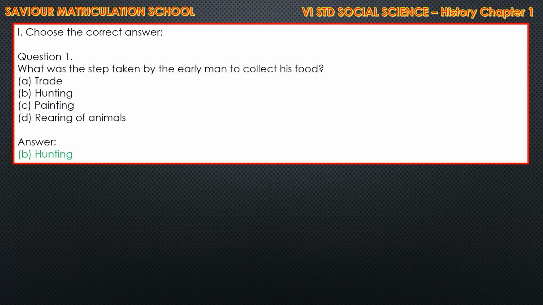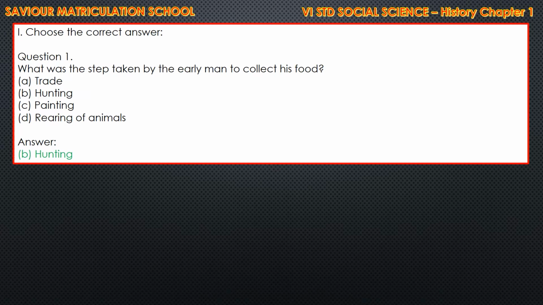First one, choose the correct answer. The first question: what was the step taken by the early man to collect his food? Here, 4 options they would have given. The answer is B, hunting. Now, second question.